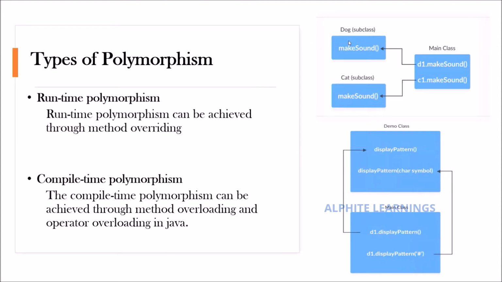Here we have two subclasses, and we usually have an animal parent class, the super class. We did the same example yesterday. We had one make sound abstract method in the parent class, and in the subclass we are again overriding that make sound method, and we give one more output, like bark or something.